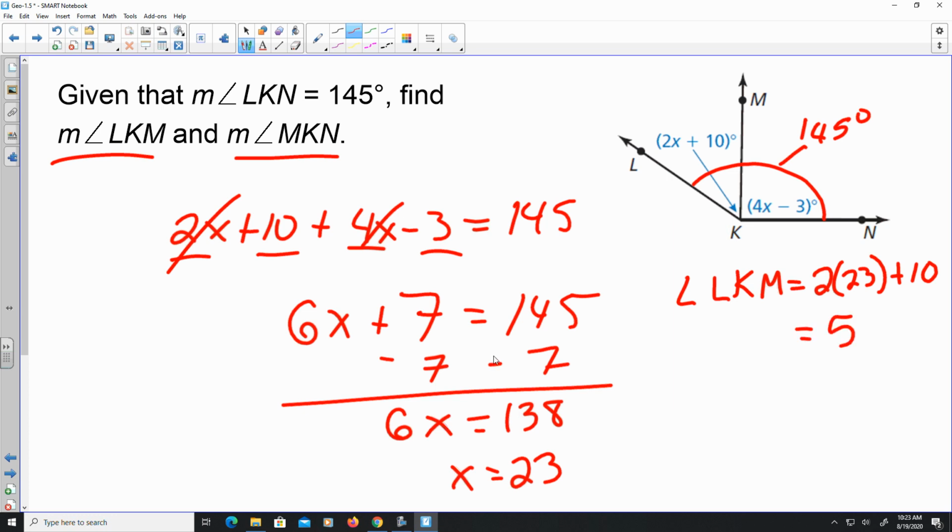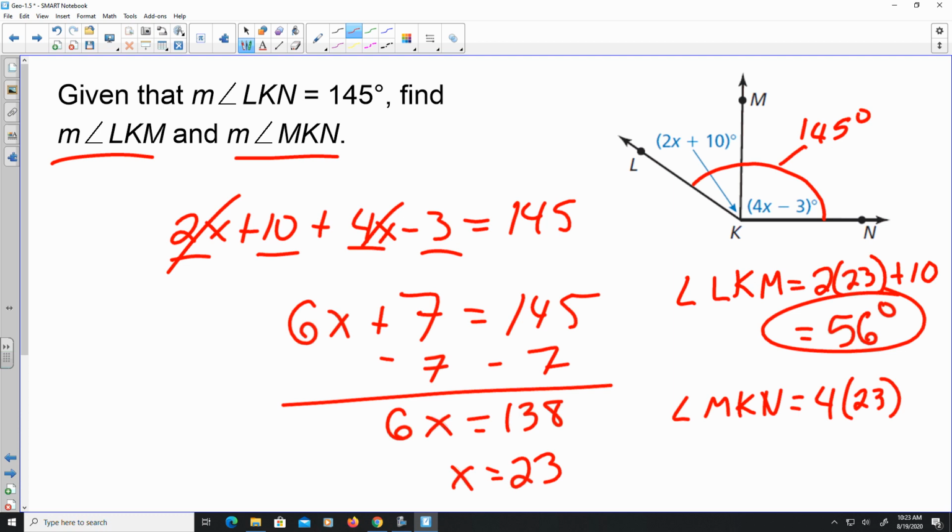So LKM is 56 degrees. Then MKN is going to be equal to 4 times 23 minus 3. So 4 times 23 is 92, subtracted by 3 is 89. So I have 89 degrees. To check it, make sure that 56 plus 89 equals 145. It does.